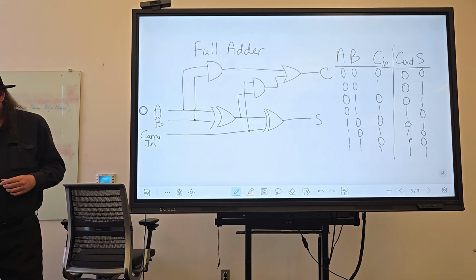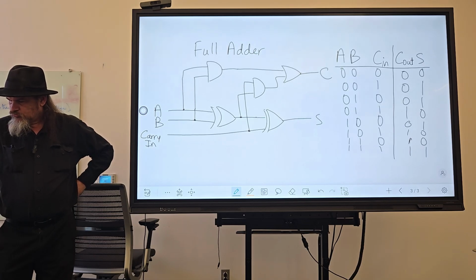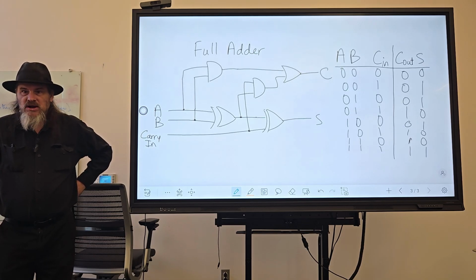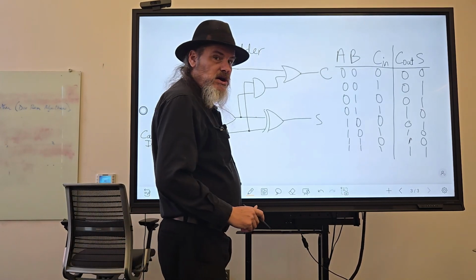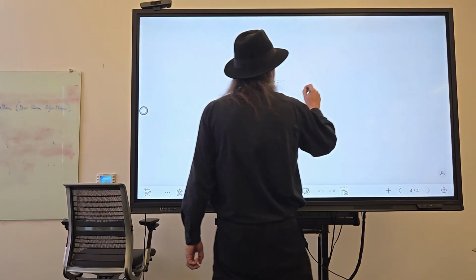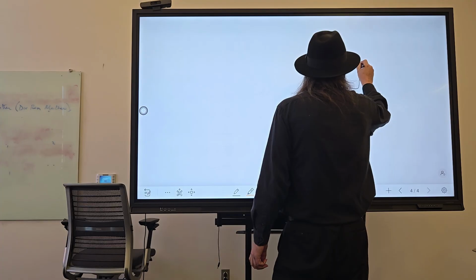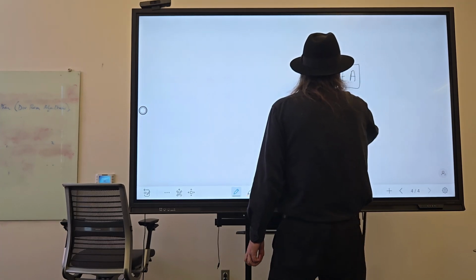Let's see here. All right. You take a full adder, which you can represent as a box with the FA in it.